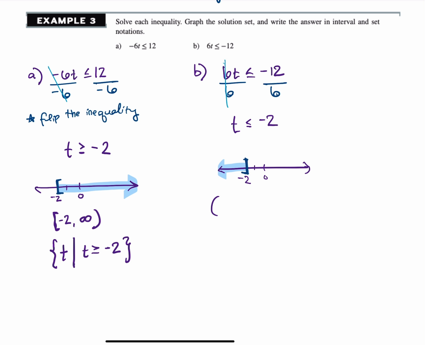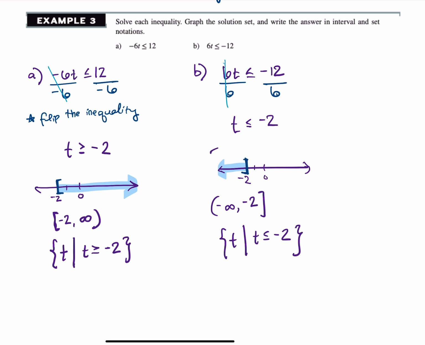So on the left side is negative infinity, and then it goes to negative 2, and we'll include the negative 2. And then as set notation, all values of t such that t is less than or equal to negative 2.